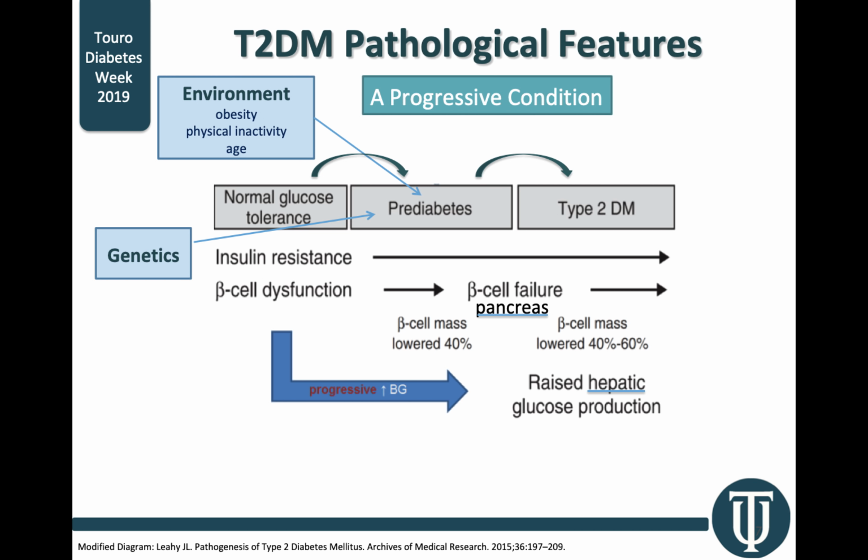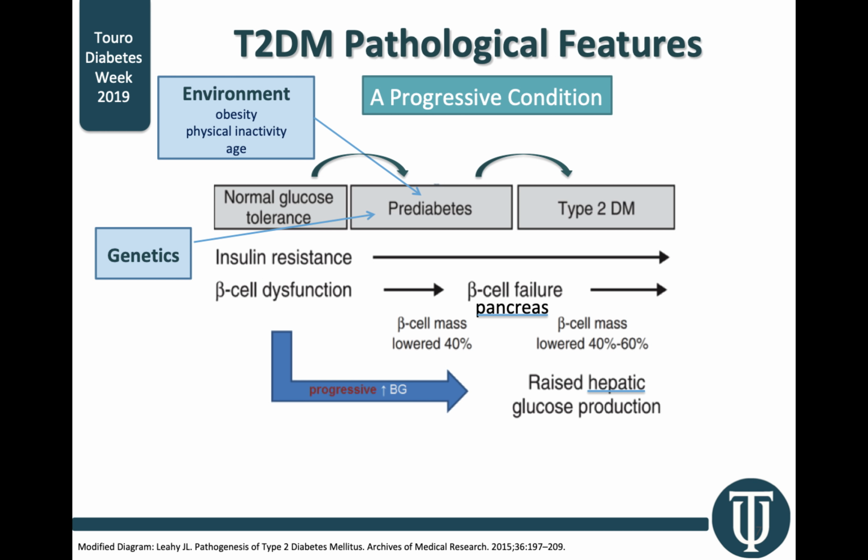But then there are some factors that might change our normal glucose level. They can be external factors, like the environment that might lead to obesity, lack of physical activity, or aging. And these could be factors that might lead to increasing sugar level in our blood. Then eventually that might lead to prediabetes.